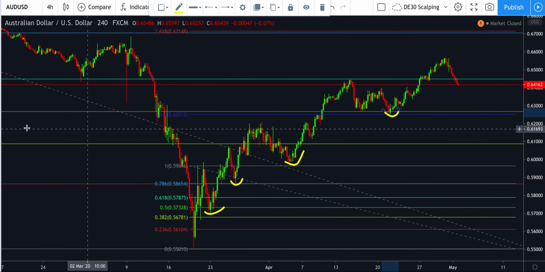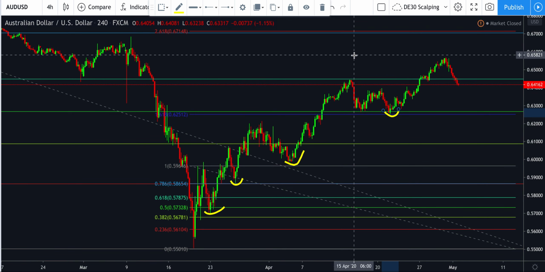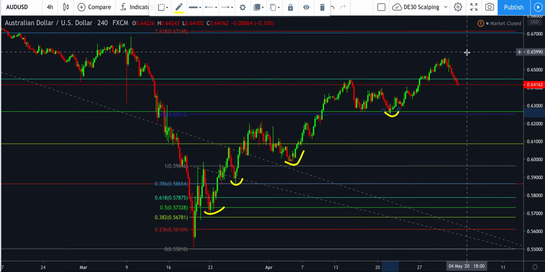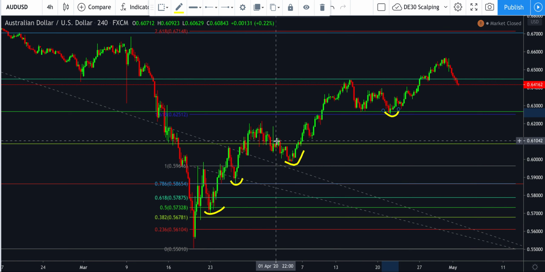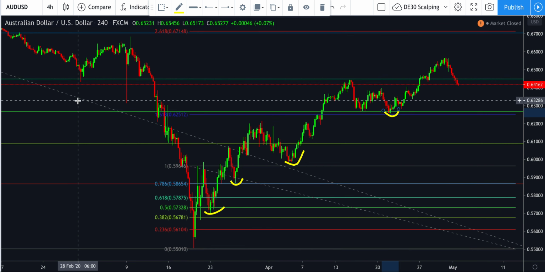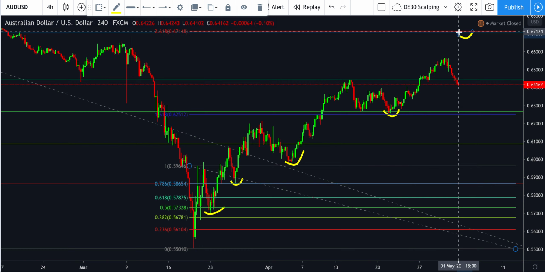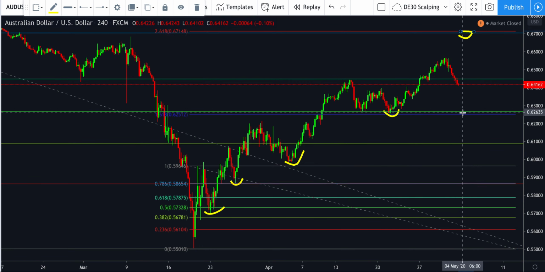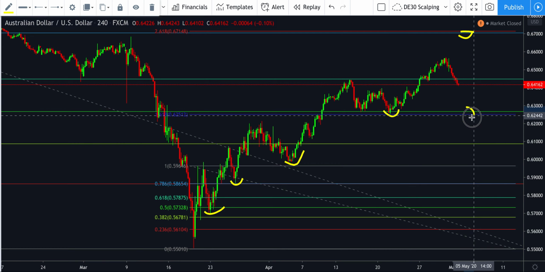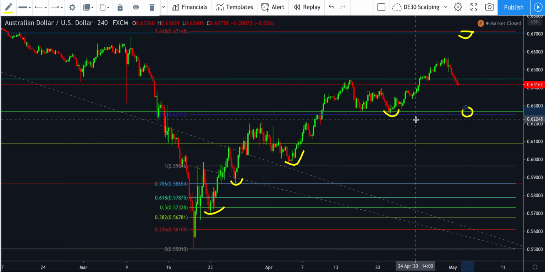Why is this important? Because this is going to tell us what to do next, because we have two choices. We are either going to see price continue higher and reach the 78% of Fibonacci retracement, which is this level here, or we would have price retest this important level, which is a confluence level, as you can see.